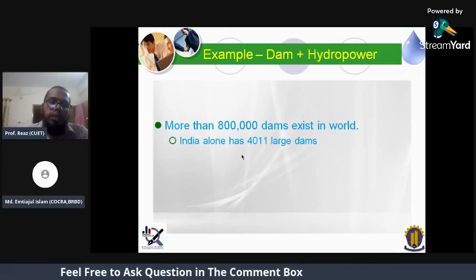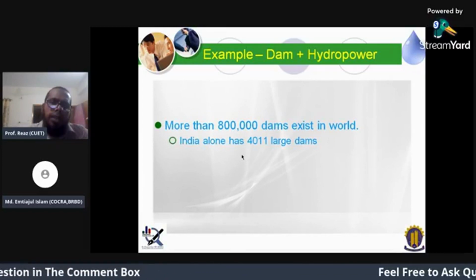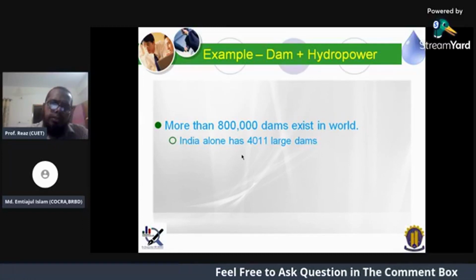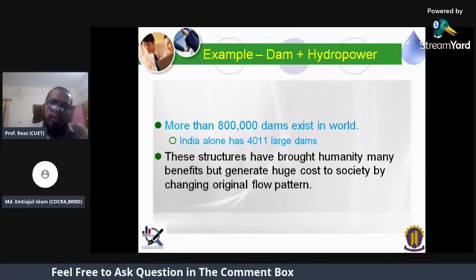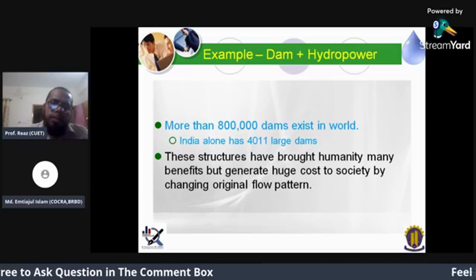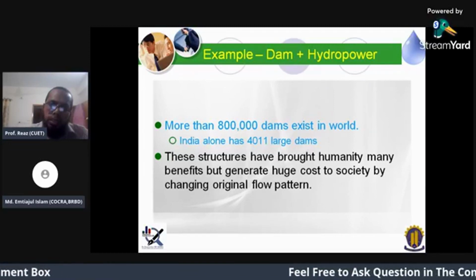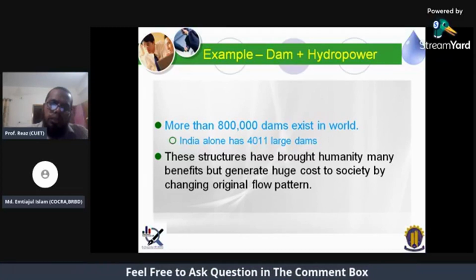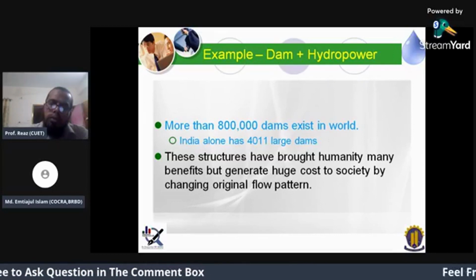More than 800,000 dams exist in the world, and India alone has more than 4,000 large dams. These structures have brought humanity many benefits, but generate huge cost to society by changing the original flow pattern. This is the main problem. The original flow pattern of the river has been changed due to hydropower or the dam.